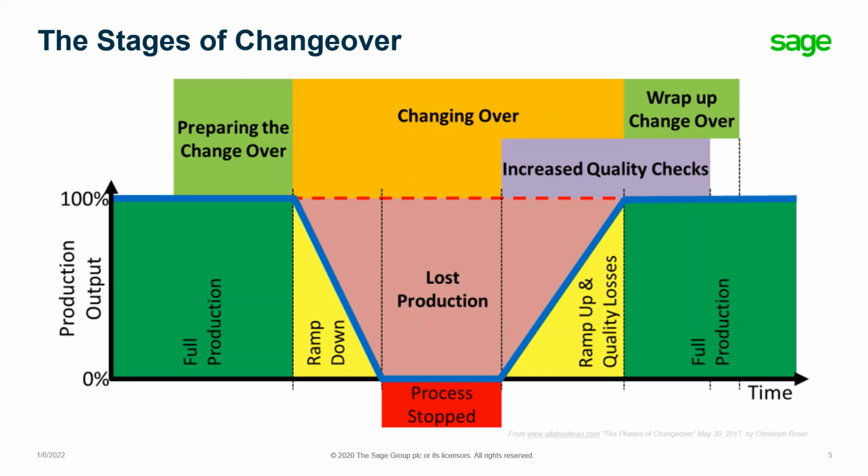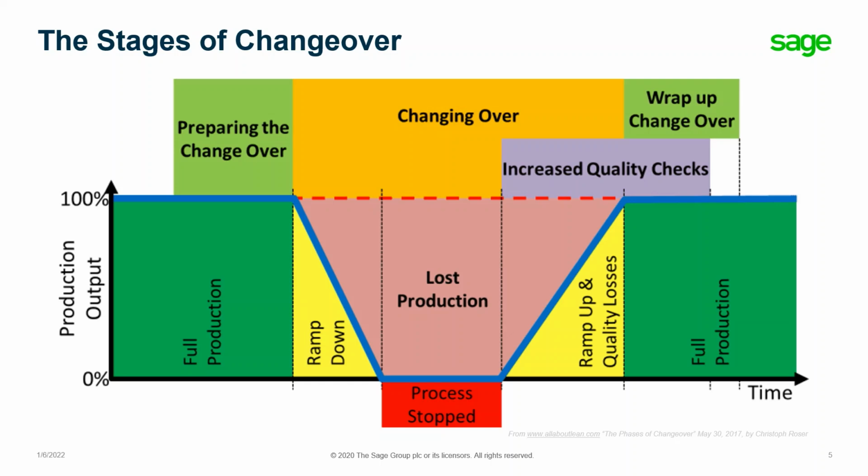As the stages of changeover diagram shows, changeover can be broken down into more subtle stages. During changeover, you lose production cycles or throughput. These are pieces that would have been produced if the changeover had not occurred. This is illustrated in the diagram by the ramp down, process stopped, ramp up, and quality loss.